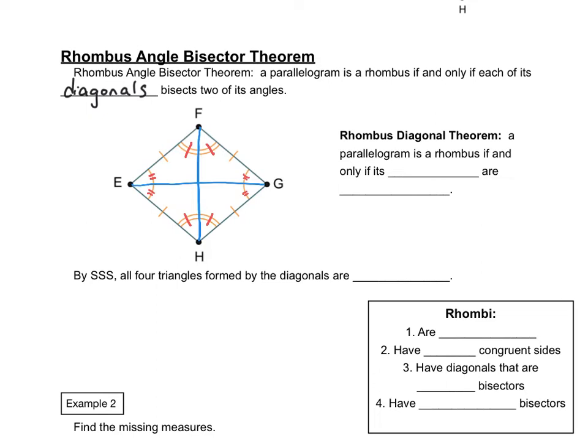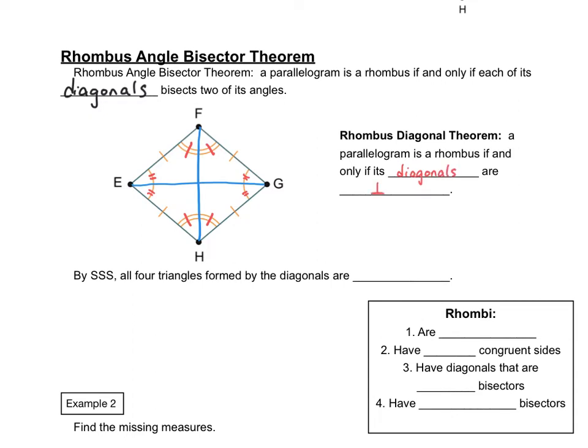And then a parallelogram is a rhombus if and only if, again, if and only if its diagonals are perpendicular.